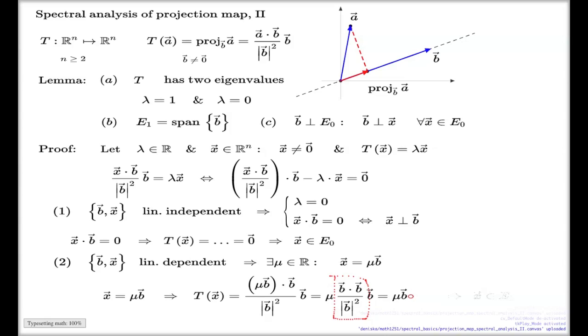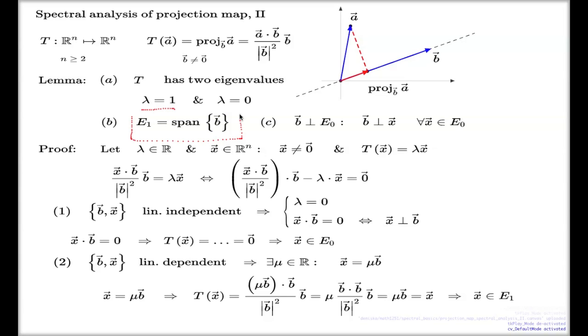And the whole thing is just mu times b, which is x. And that's my relation between T of x and lambda x, with lambda being exactly 1. So x is in E1. And that finishes the second part. The second possibility for the eigenvalue is 1, and this one is always true. You can't deny it's a beautiful proof.